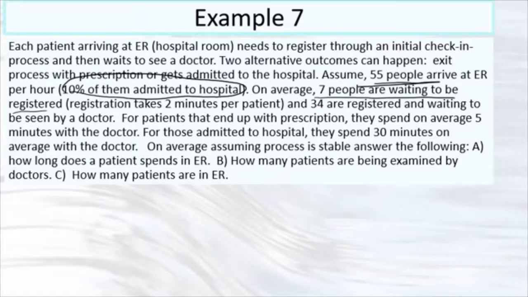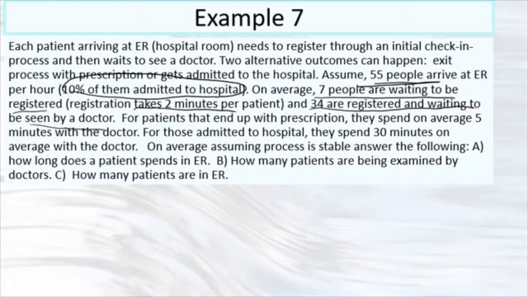So we know that when they come in, there's registration, and that registration takes 2 minutes. And then once they're registered, there are 34 people waiting to be seen by a doctor.